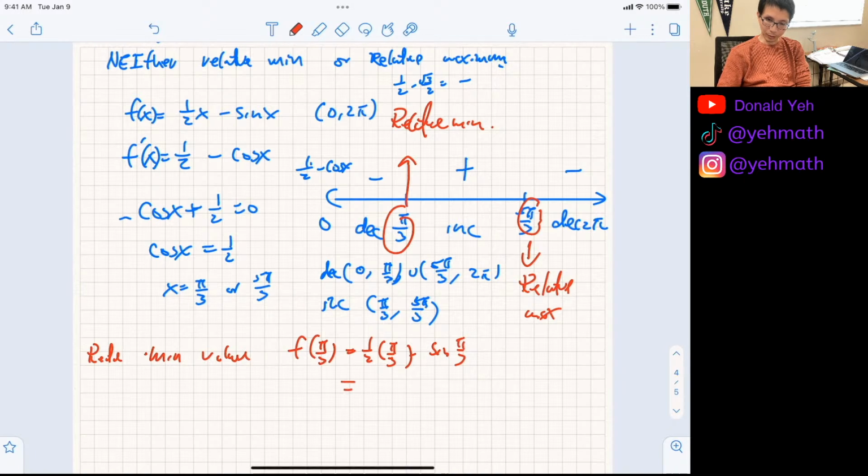So that's equal to pi over 6 minus square root 3 over 2. Whatever that value is, I don't know what that is. Somewhere between 0 and -1. It's some type of negative number, maybe -1/2, and that's that.